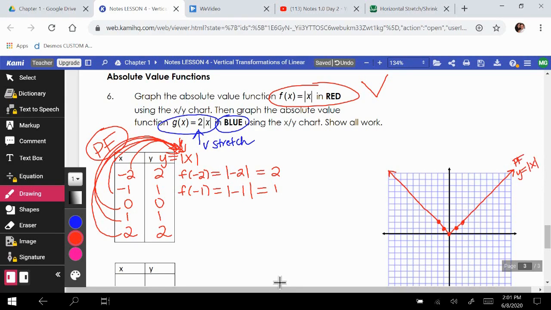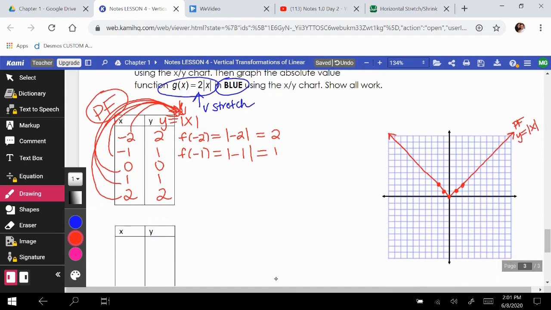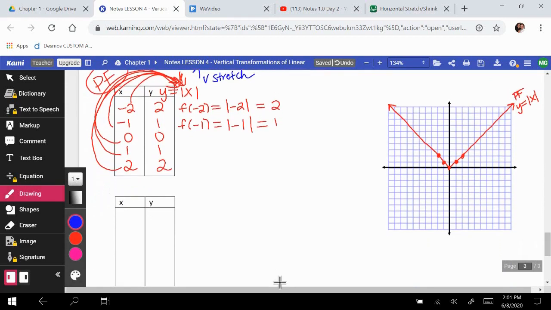Okay, now what we're going to do is graph 2 times the absolute value of x. Okay, so again, let's choose those same points, -2, -1, 0, 1, 2. What's going to happen?